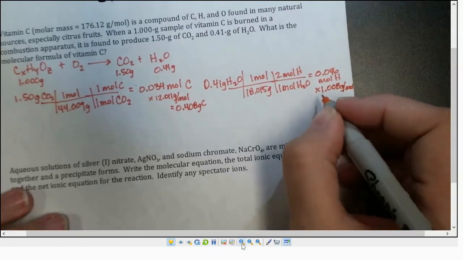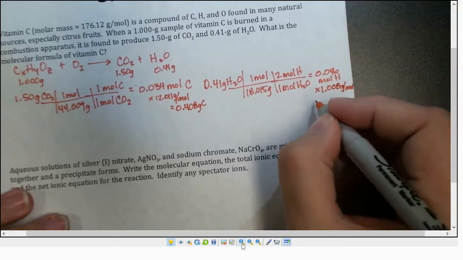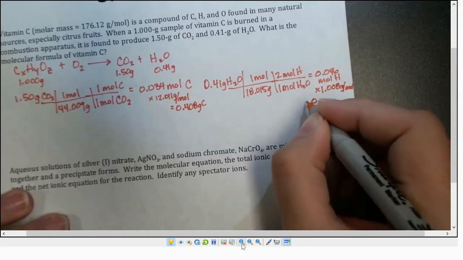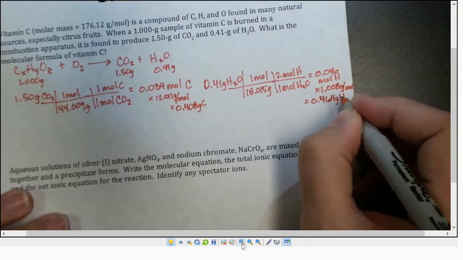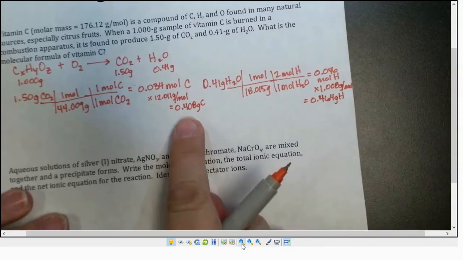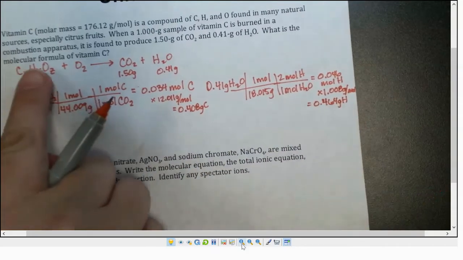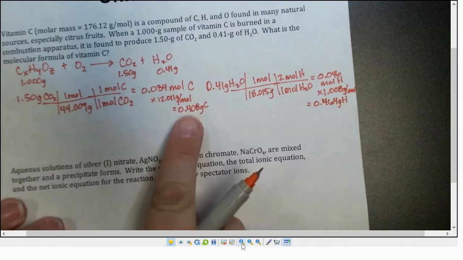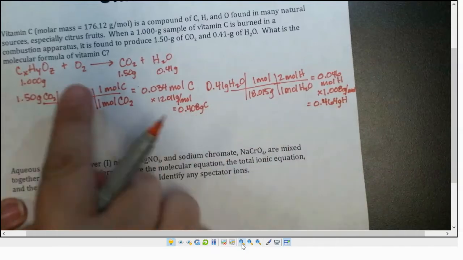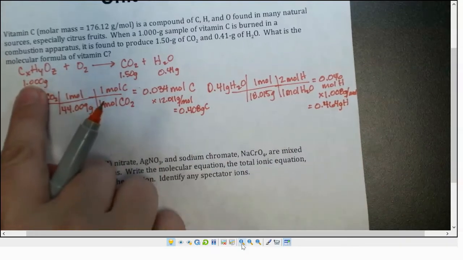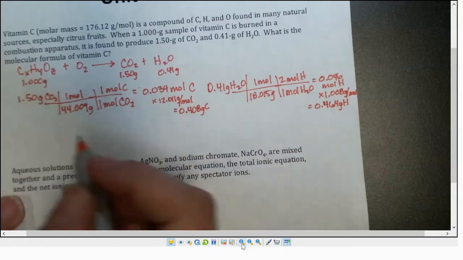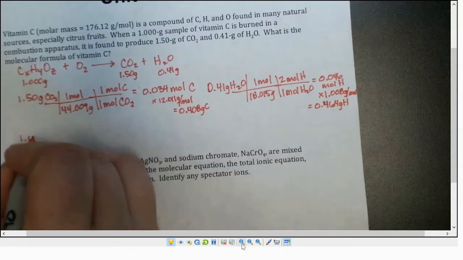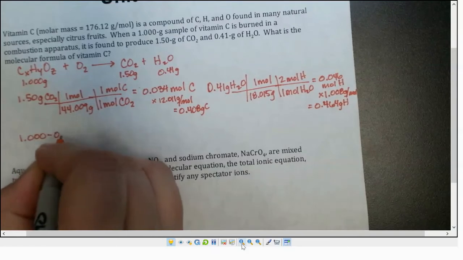And for the hydrogen, I end up with 0.0464 grams of hydrogen. Now that I know how much carbon and how much hydrogen by mass are in this hydrocarbon, I'm simply going to subtract those 2 numbers away from the hydrocarbon. Because if I get rid of the carbon and the hydrogen from this 1 gram sample, the only thing that's remaining is the oxygen. So just subtract those away.